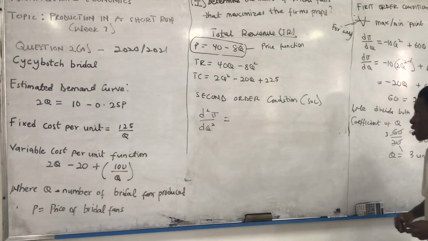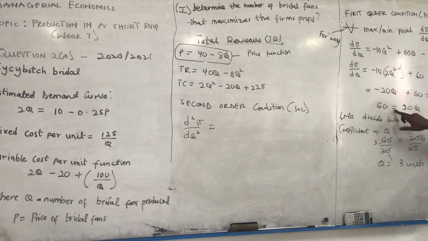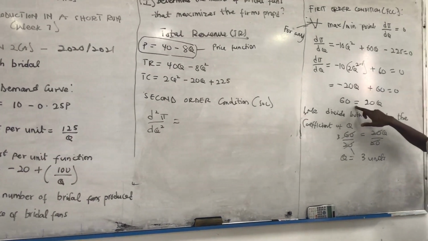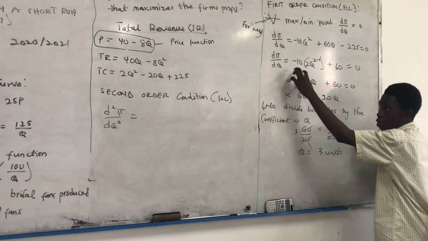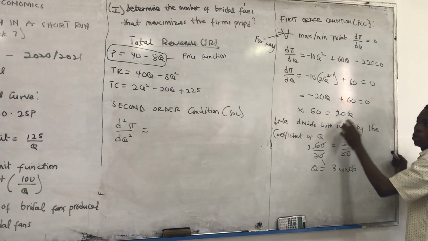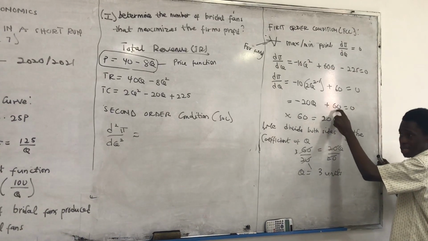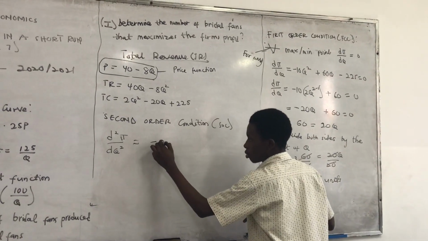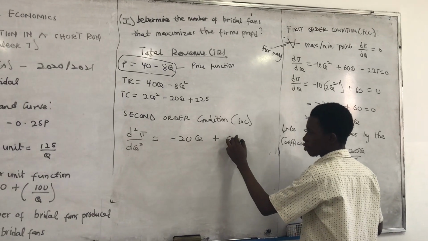With the second order condition, we are going to differentiate this, not the one being equated, not the 60 is equal to 20Q. The actual one, which is this: negative 20Q plus 60 is equal to 0. Not 60 is equal to 20Q, but negative 20Q plus 60.